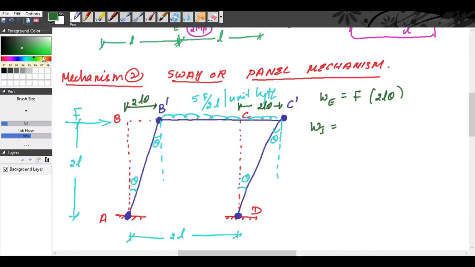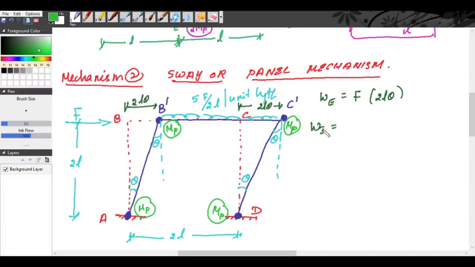Now, internal work done is equal to hinges into plastic moment into rotation. So, at A, the plastic moment is MP. At B, the plastic moment is MP; take the lowest of both column and beam. At C, the plastic moment is MP; take the lowest of the beam and the column. At D, the plastic moment is MP.